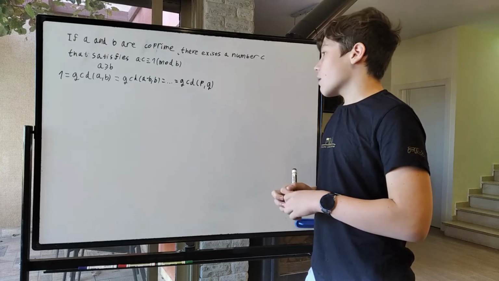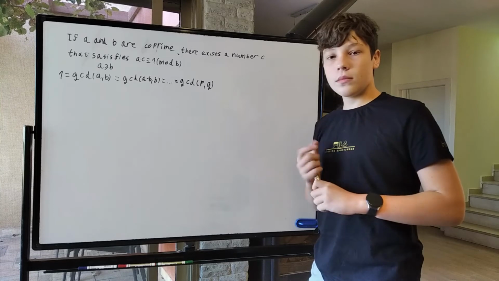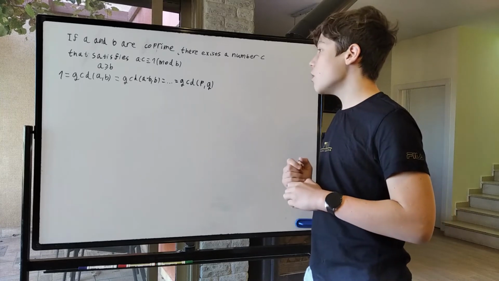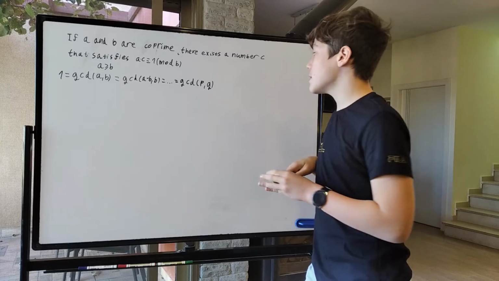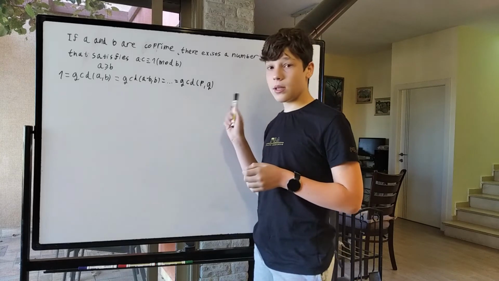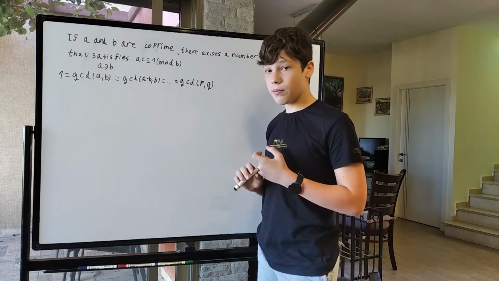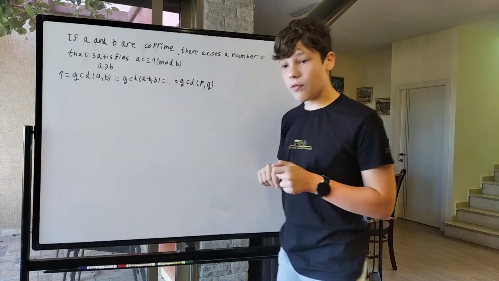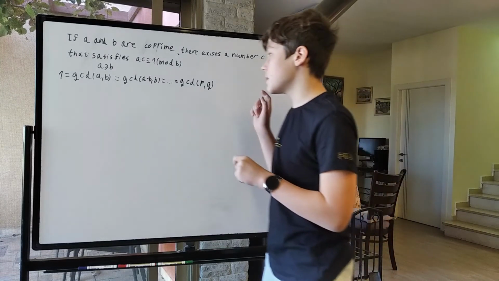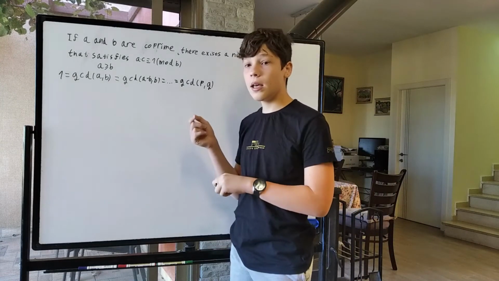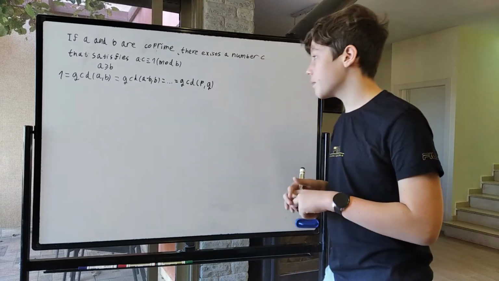And what we will show is that one of these has to be 0 and one of these has to be 1. So the first thing we'll show is one of these has to be 0, and then automatically we'll get the other one is 1.